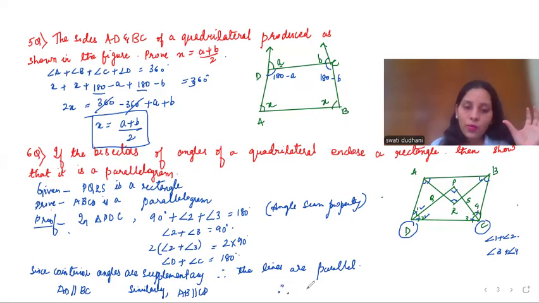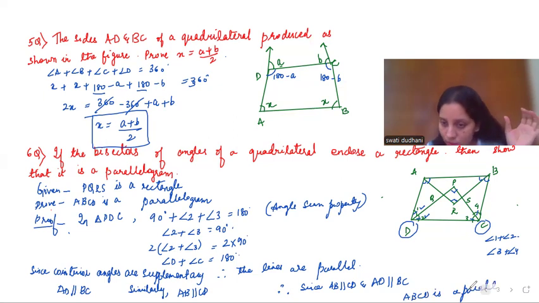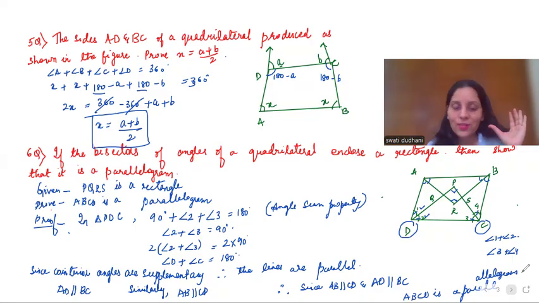So therefore, since AB is parallel to CD and AD is parallel to BC, ABCD is a parallelogram. So a quadrilateral becomes a parallelogram if both pairs of sides are parallel to each other. I hope this is clear. So these kinds of questions can only be proved if you are good at properties. So knowing the properties is very, very important.